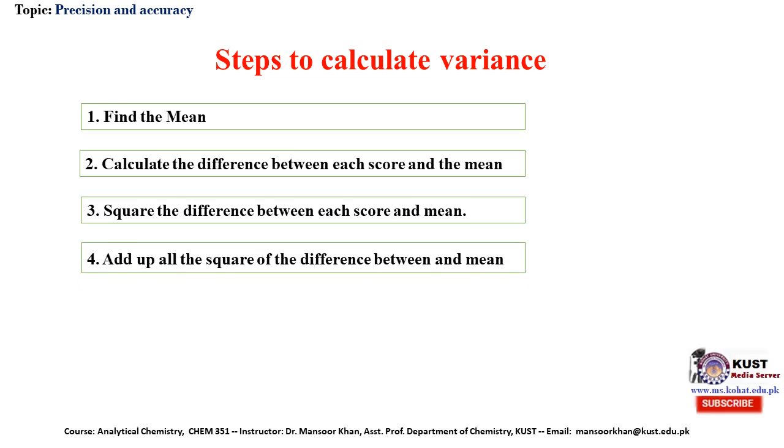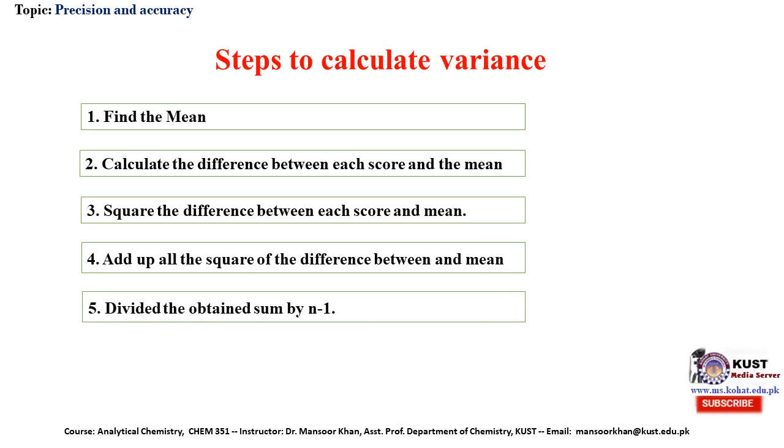The fourth step is to add up all the squares of the differences between each score and the mean. Then divide the obtained sum by n minus 1.